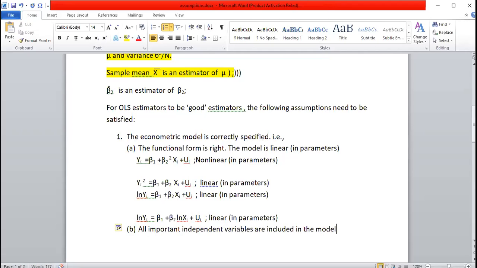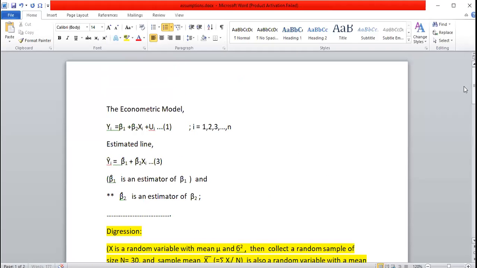What does it mean? Let's say you are doing a demand function. Y is quantity demanded, X is price. So here is the model, price and quantity demanded. Do you think all important variables that determine quantity demanded are included in this model?